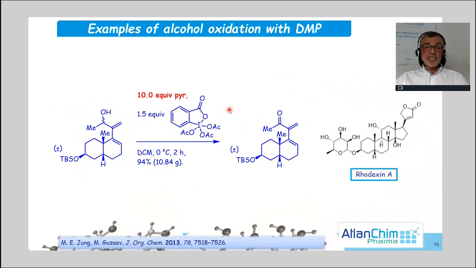It should be noted that due to the instability of this allylic alcohol towards protic sources, 10 equivalents of pyridine were added to neutralize the residual acetic acid in the Dess-Martin's reagent, as well as acetic acid formed during the oxidation process.